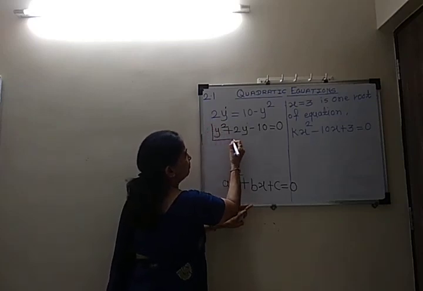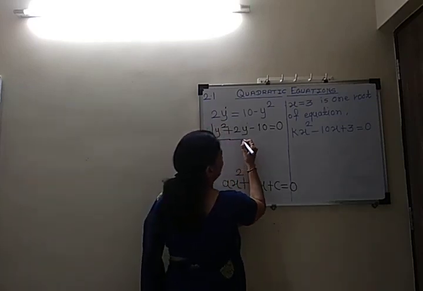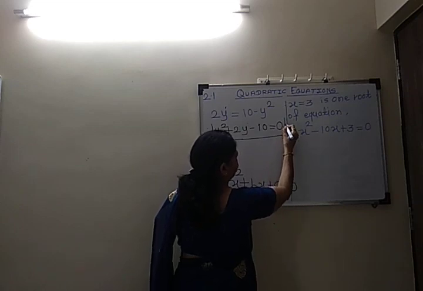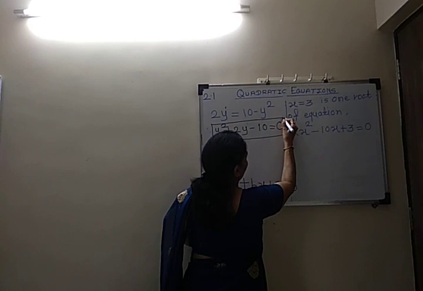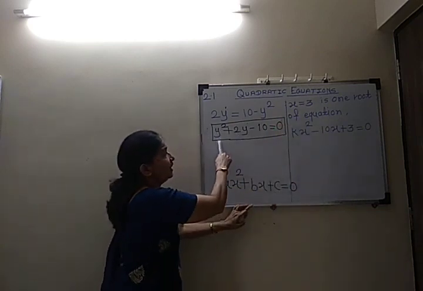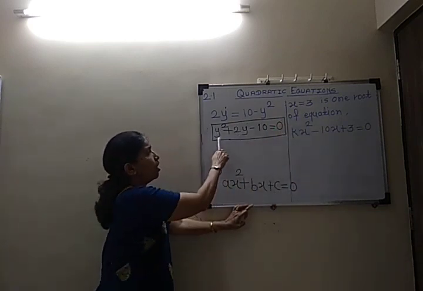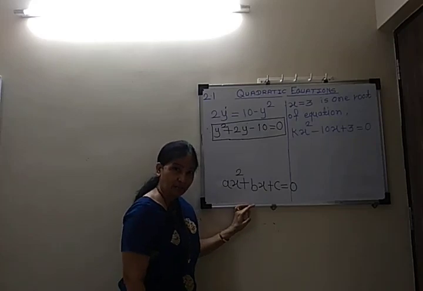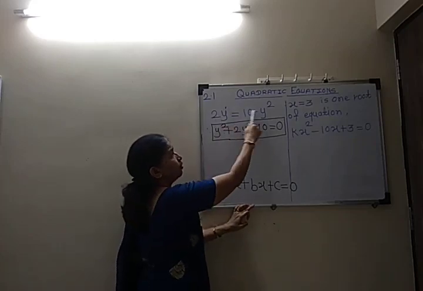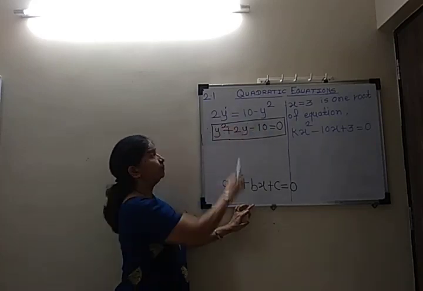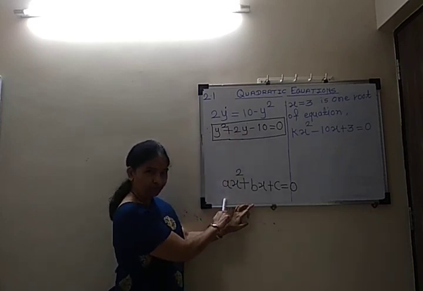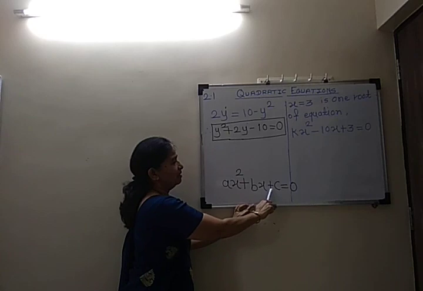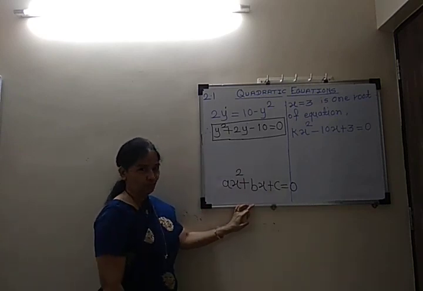So, we will make a bracket to the answer. This is the standard form of the quadratic equation. We wrote this quadratic equation in standard form: ax square plus bx plus c is equal to 0.